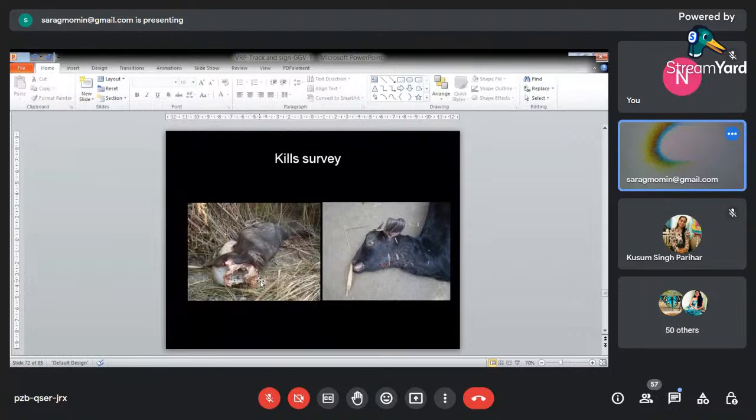If you find an injury at the abdomen, it means the animal was killed by a tiger, not by a leopard. These are the two important points to identify the predator species: the size of the injury and the behavior of the animal.